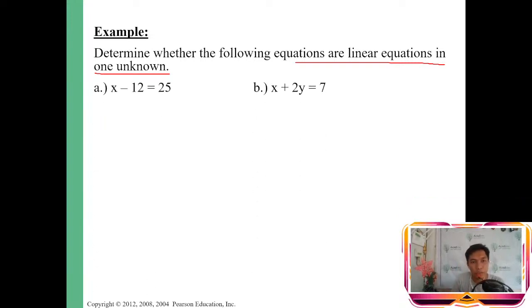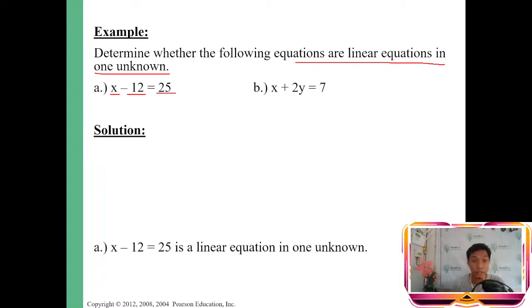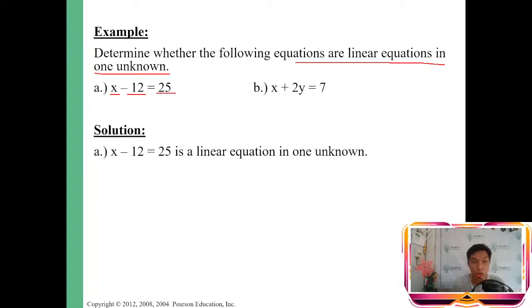For example, A, x minus 12 equals 25. Yes, it is one unknown because there is only the x. Do we have more x? No more, only 12 and 25.